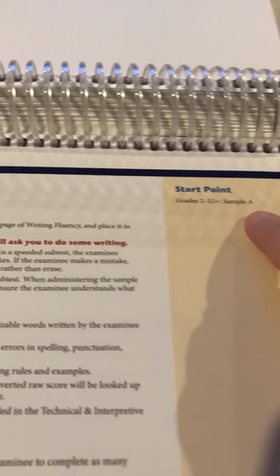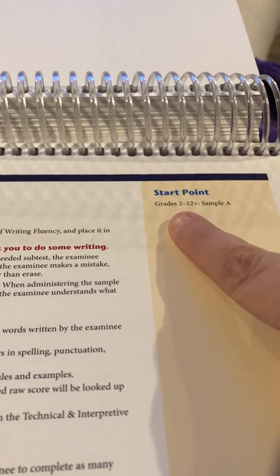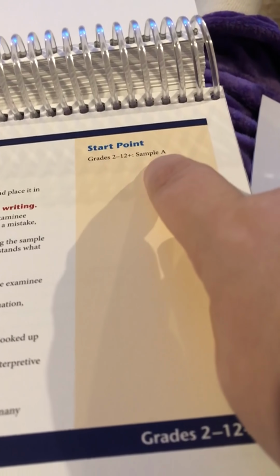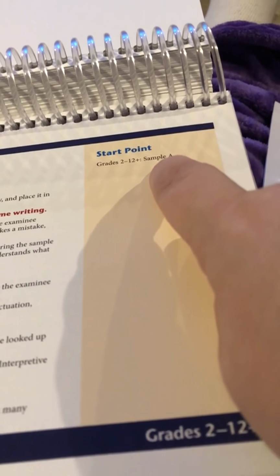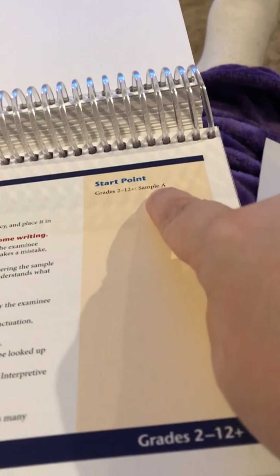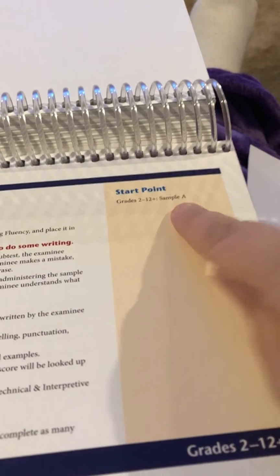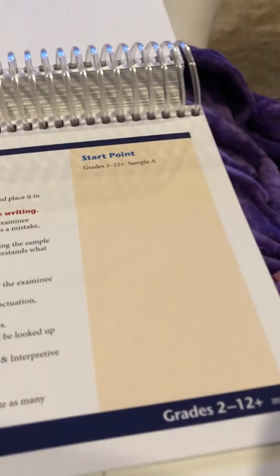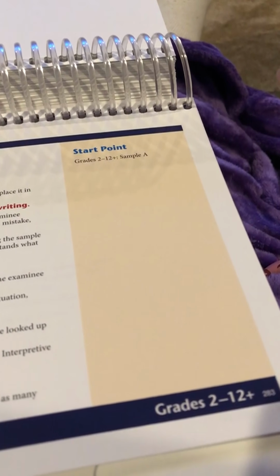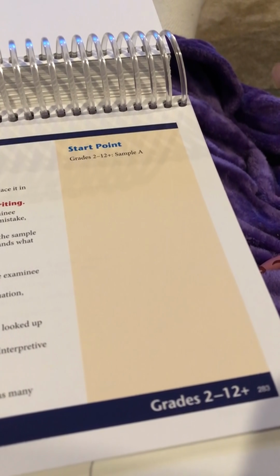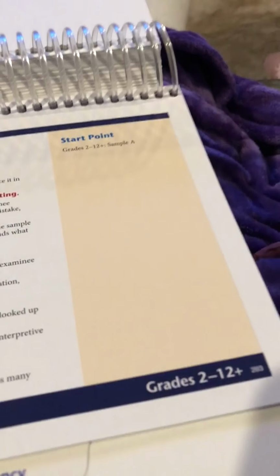And it says that you just start at the very beginning with grades 2 through 12, okay? So if your student is not in 2nd grade, you don't give this test. This is grades 2 through 12, okay?